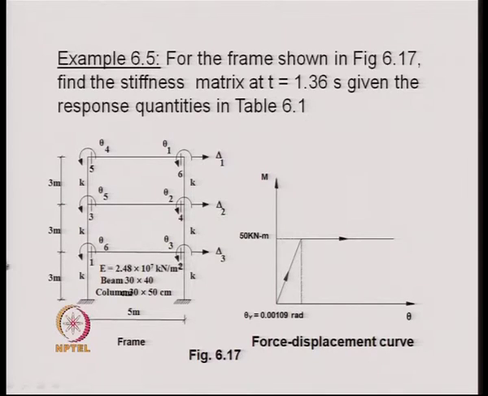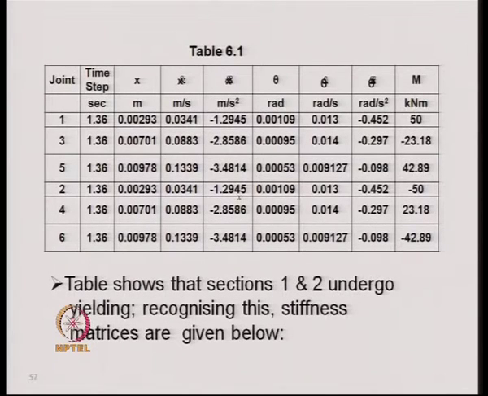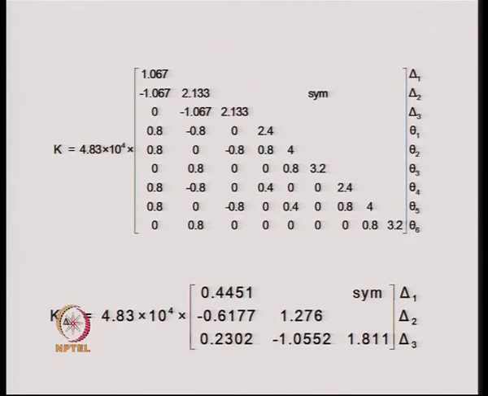So, these two sections are yielding. Therefore, this beam does not contribute to the overall stiffness of the structure. So, we set that to 0 in obtaining the stiffness matrix of the system, and that is how we calculated the total stiffness matrix of the system, which is shown here, and from that stiffness matrix we calculated the condensed stiffness matrix, which is a 3 by 3 stiffness matrix.